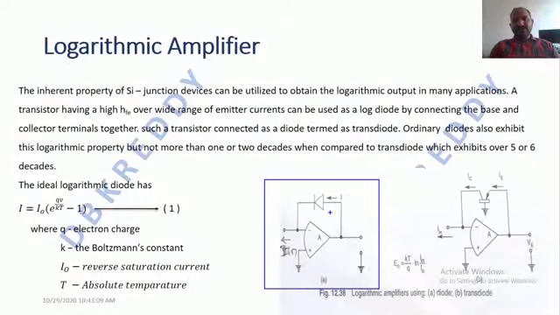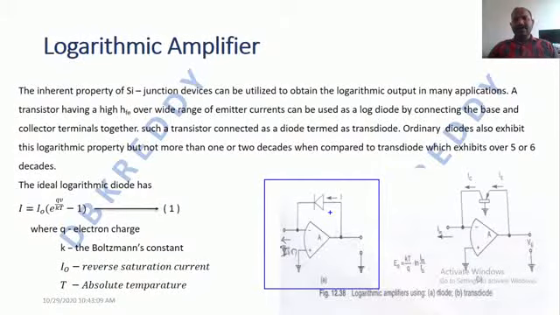If you would like to use the logarithmic amplifier for 4 or 5 decades, then you can't use the diode, because diodes do not give proper characteristics over a long range. They give proper logarithmic characteristics for 1 or 2 decades only. So if you want a logarithmic amplifier for 4 to 5 decades, you can't use the diode.